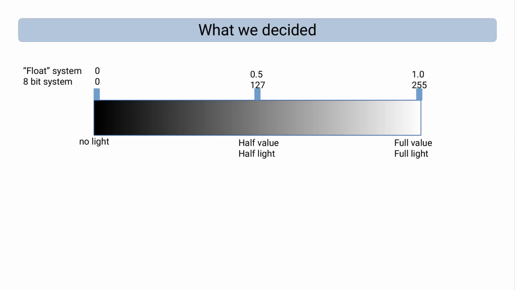With most systems, what we have decided is that 0 means make that channel as dim as possible, while 255 means make it as bright as possible, and you can use any number in between 0 and 255. There's also another system, which we'll get to much later, called a floating point system, where 0 also means make it as dim as possible, but 1.0 makes it as bright as possible.